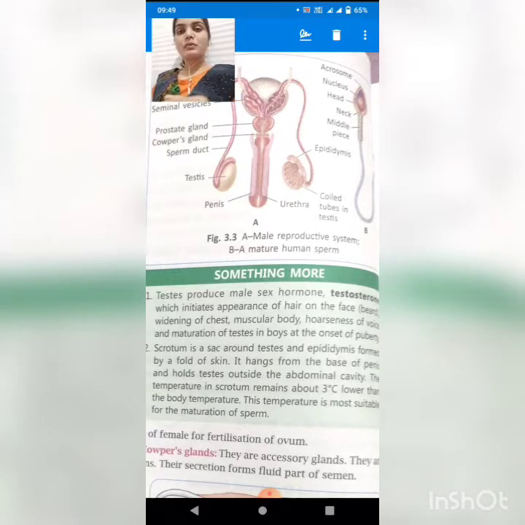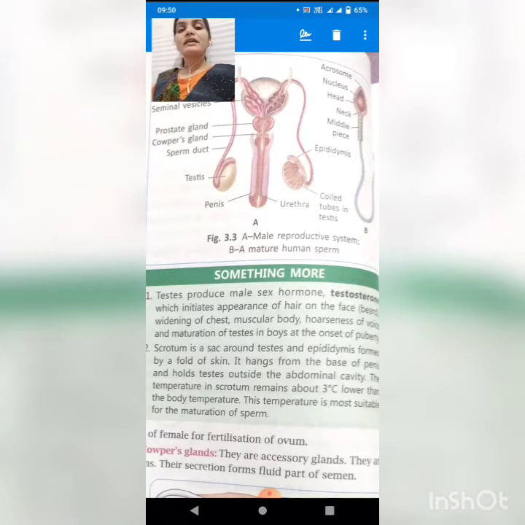It is a tube like structure, and it is also responsible for the discharge of urine in the case of male. One more important thing, students: the discharge of gamete and the discharge of urine in the case of male is the same. But in the case of female, both discharges are done by two different pathways or two different openings.